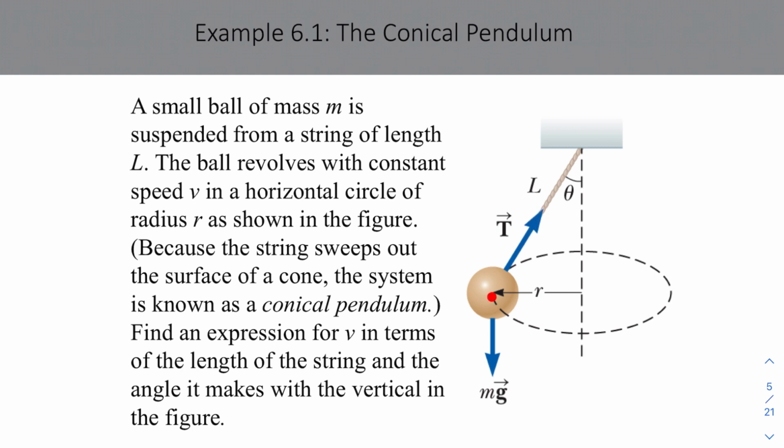With respect to this object, the tension must be away from it, so this is the direction of the tension. At any position within the circular path, the object makes R as the radius of the circle to the center, and this L makes an angle of theta to the vertical line here.